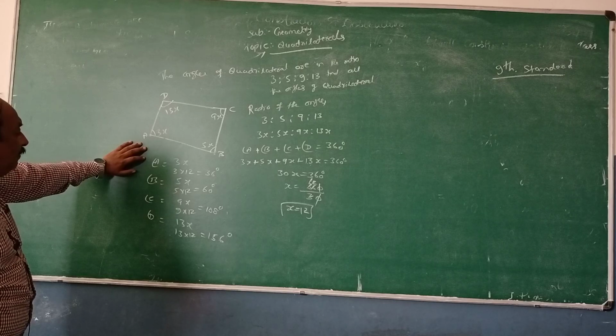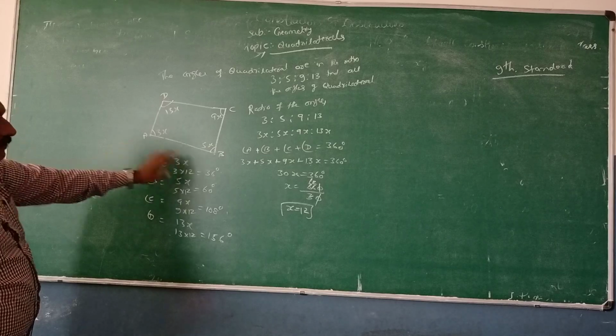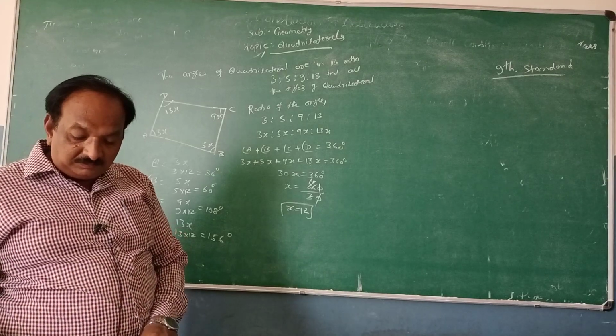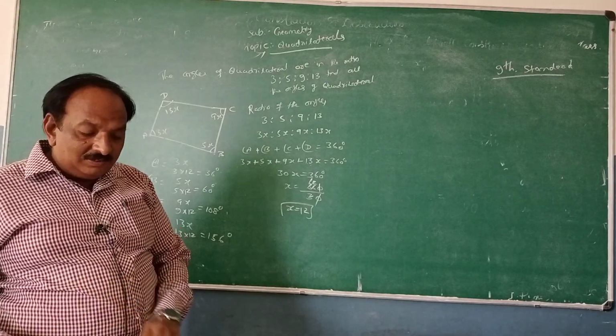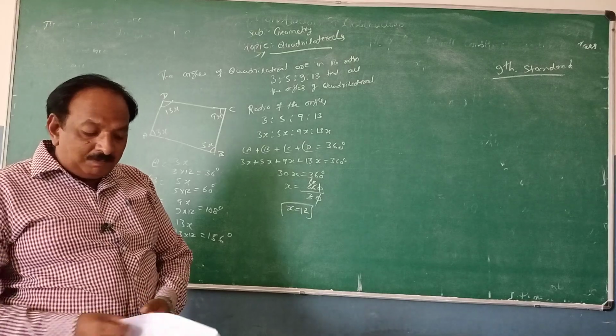B is 5 into 12, 60. C is 9 into 12, 108. D is 13 into 12, that is equal to 156 degrees. If you add all four angles, you get 360 degrees. So this is the complete solution of the problem.